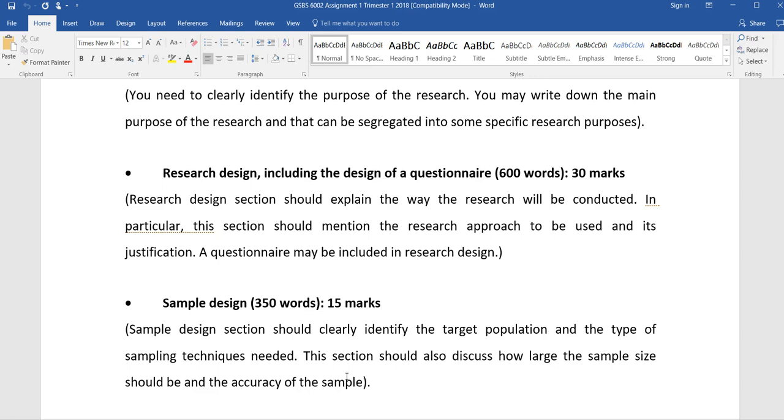For example, if you say that you will be choosing an exploratory research, a causal research, or a descriptive research, write down why. Then if you say that you will be doing a survey research, why? Because survey research is not the only research in this world.